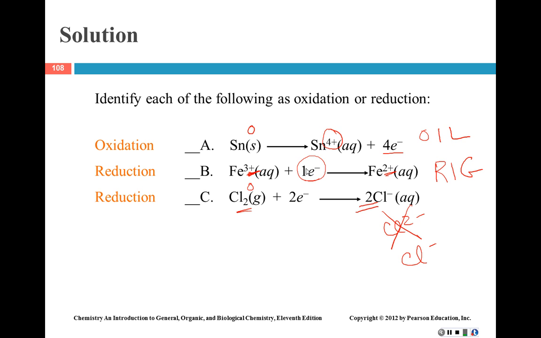So 3 minus 1 is a 2 plus, and this is a 2 plus. This is a 0. 4 minus 4 is 0. This is a 2 minus. This is a 2 minus. See what we're doing here? So we're making sure that our electrons balance. Electrons balance. Very important in an oxidation reduction.